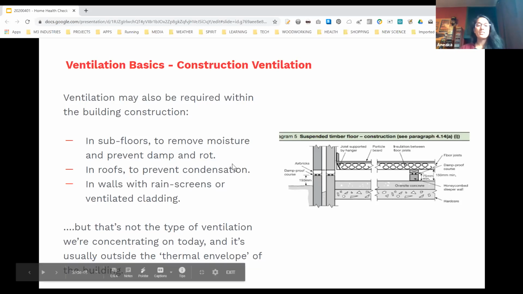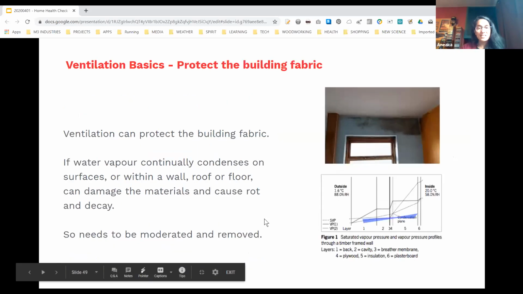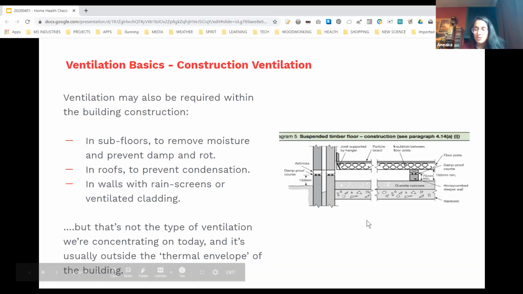It's important that those ventilation gaps are not covered up and are kept in. But that's the kind of ventilation that we're not talking about today, because it's outside of what designers call the thermal envelope. What we're talking about is the warm space within the house.